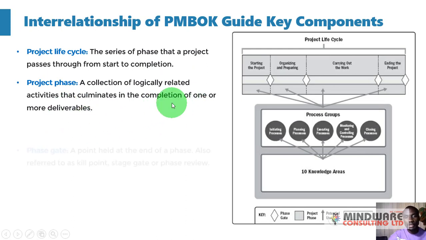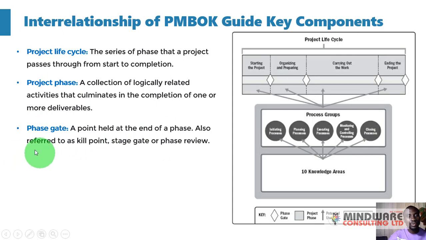one or more deliverables. All right, so another component is what we call phase gates. This is a point held at the end of a phase, also referred to as kill point, stage gate, or phase review. All right, so a stage gate is the end of a particular phase.